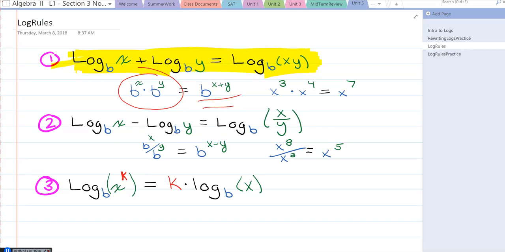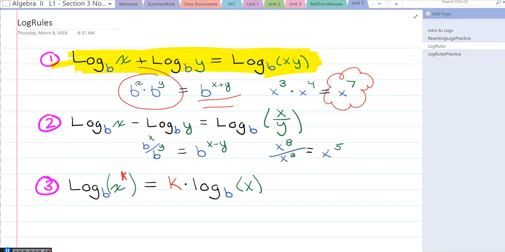So here's the example. If I had x to the third times x to the fourth, my answer is just x to the seventh. So basically all I'm doing with logs is the reverse of that. So that's where that comes from. It's the reverse of what you would do if you were just adding exponents, because you were multiplying things with the same base.